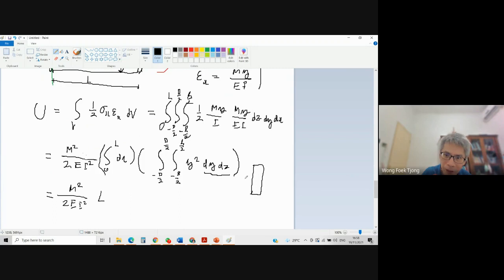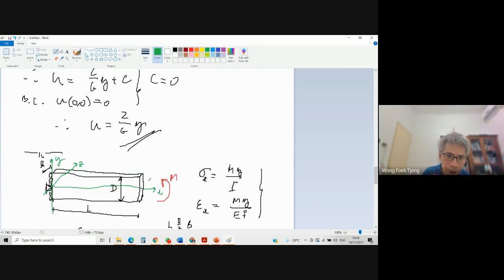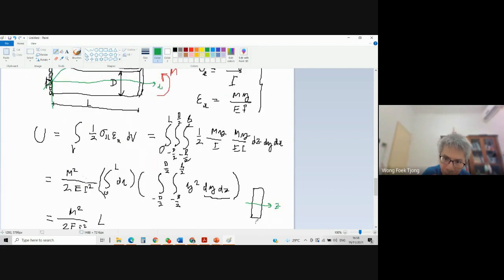What axis is this? Z, right? Z and then the y axis. Dy dz means a small area at the cross section.